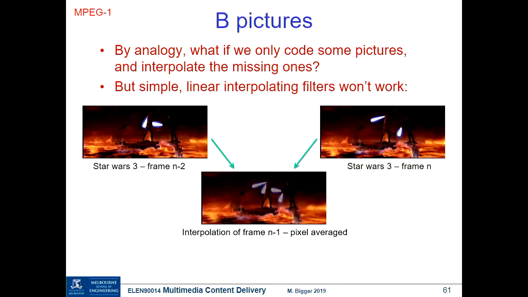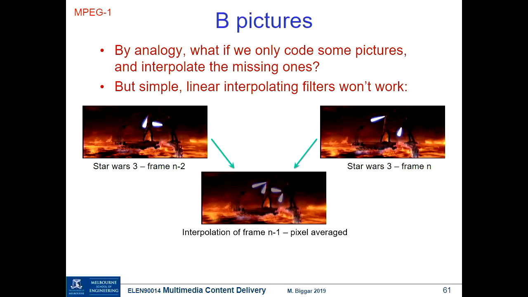Because we're not taking account of the fact that the motion is non-linear. Not even that it's non-linear, it's that the motion is along a trajectory in time. We can't just average the pixel locations.